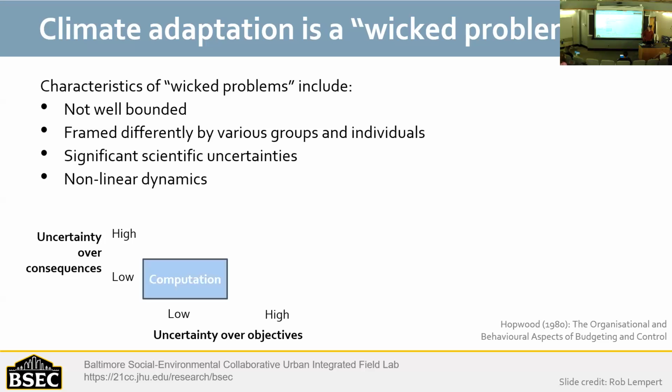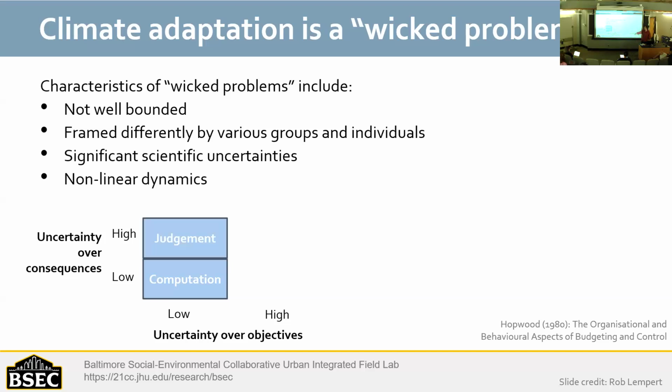So this makes it complicated because when I'm fairly certain about my values and my objectives, and I'm also fairly certain about the consequences, it's an easy problem. It's a computational problem. It's a quantitative cost-benefit analysis on a spreadsheet or something. It's an easy answer. Problems come when we do have more uncertainty.